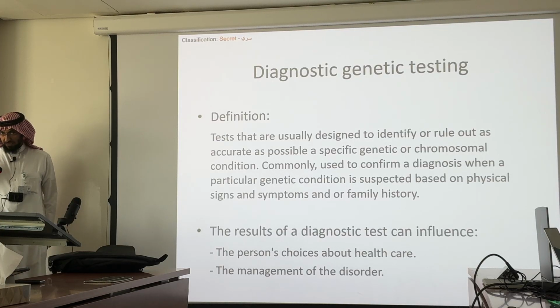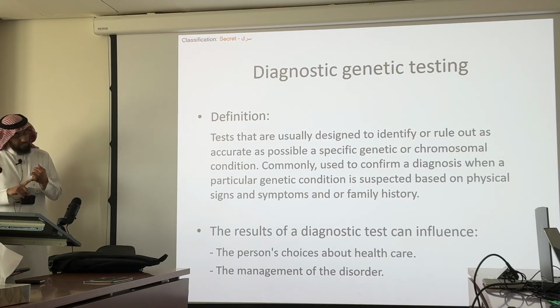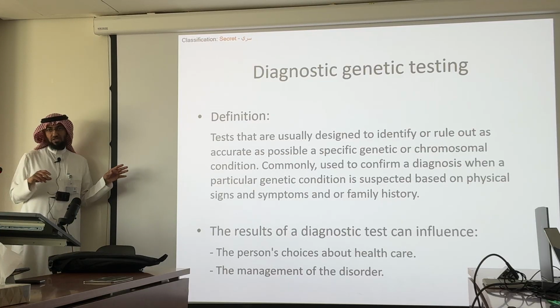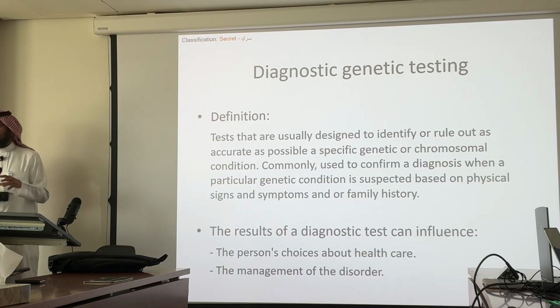Diagnostic genetic testing is defined as tests that are usually designed to identify or rule out, as accurately as possible, a specific genetic or chromosomal condition. Commonly used to confirm a diagnosis when a particular genetic condition is suspected based on physical signs and symptoms and family history. Basically, this is what we are doing in our genetic clinic.